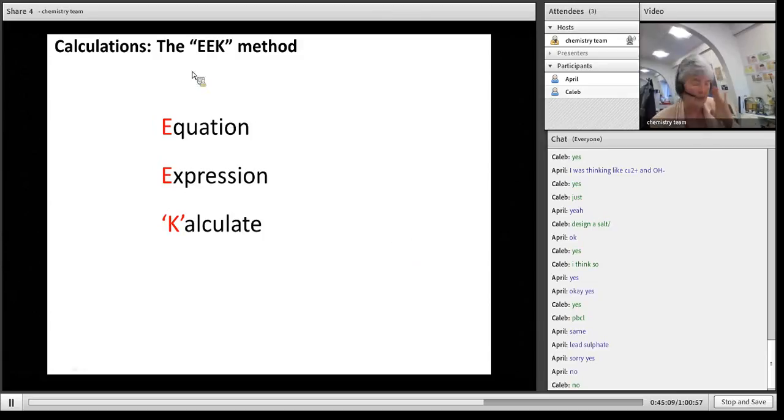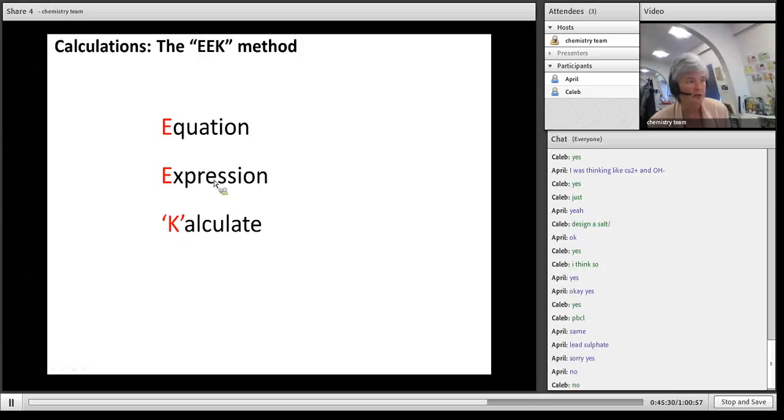So once you've got that in your mind, then you follow these simple steps. I call it the EEC method. Always write the equation down, because when you've got your balanced equation, you can see whether it's an AB, A2B, or an AB2 salt. In other words, where you've got to raise it. And then you can write the expression so that you can substitute into that expression.